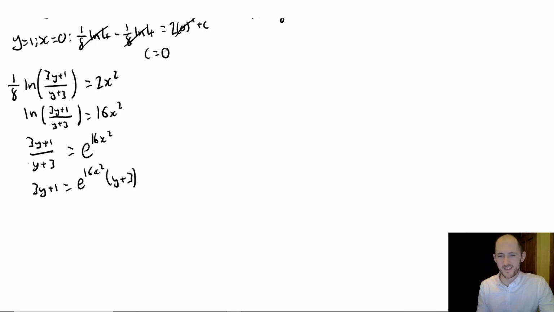It's a fun one, right? And we can keep going, so we just need to find our expression. So y e to 16x squared plus 3e to 16x squared.